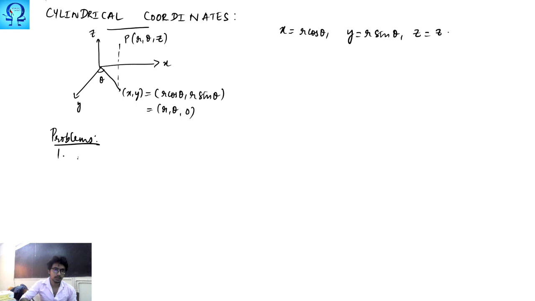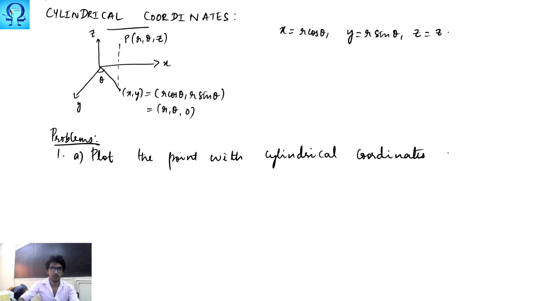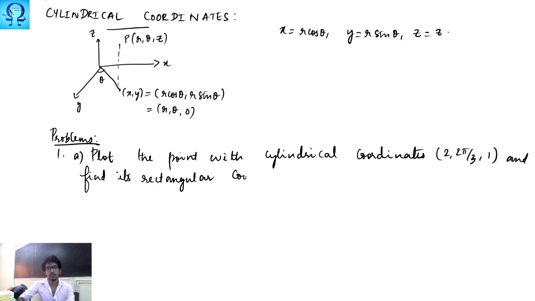The first problem has two subdivisions. Plot the point with cylindrical coordinates 2 comma 2 pi upon 3 comma 1, and find its rectangular coordinates.